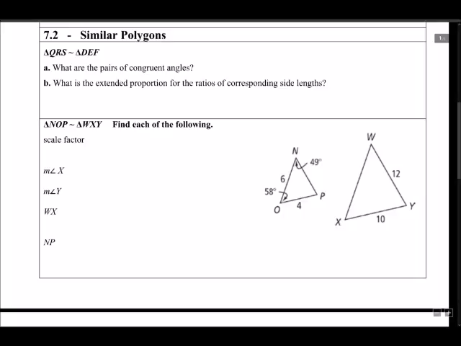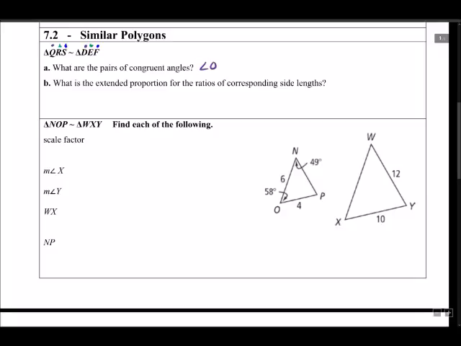But we know that position 1 matches up with position 1, and position 2 matches up with position 2, and position 3 matches up with position 3. So what are the pairs of congruent angles?